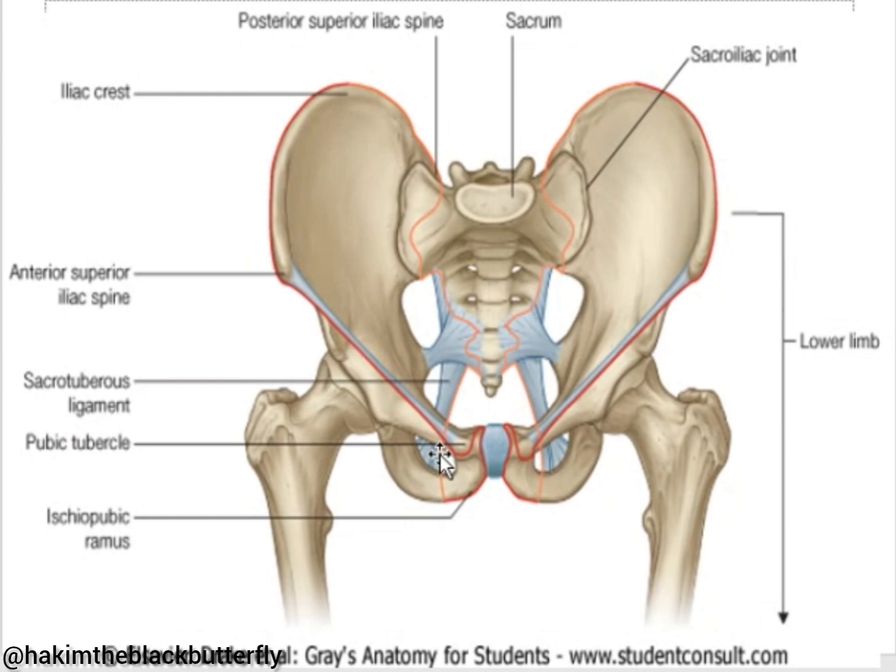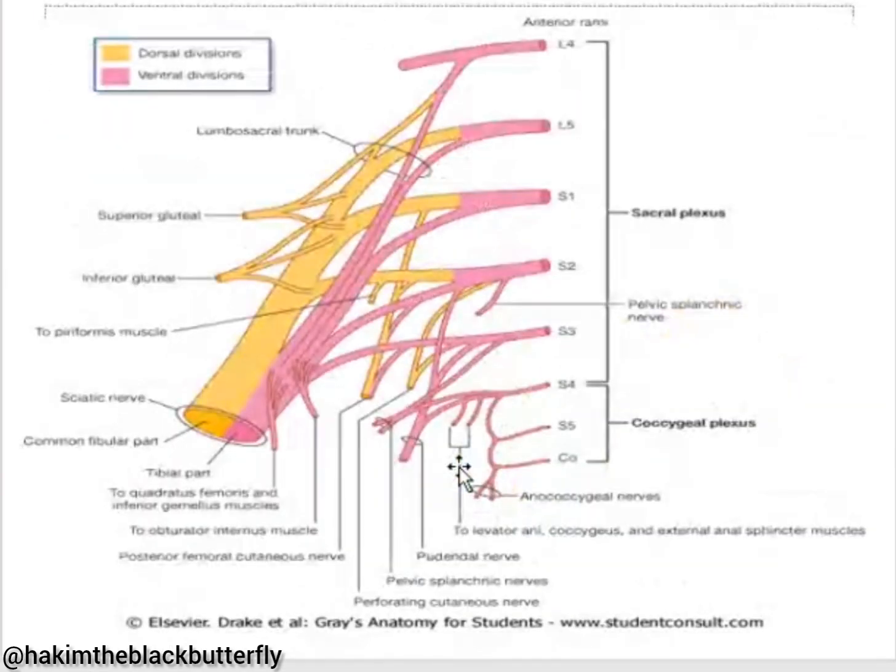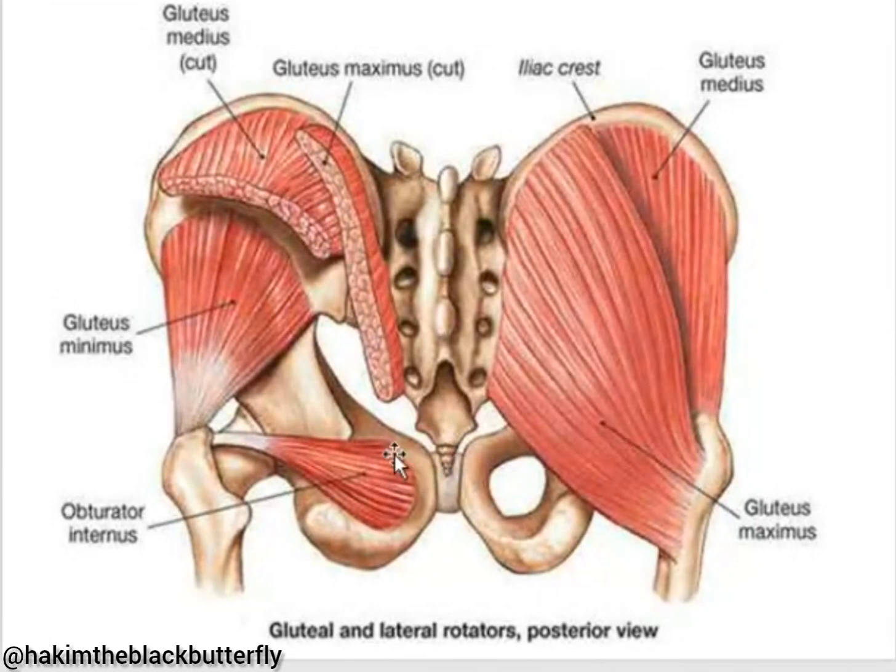There are two muscles attached to the obturator foramen, and I want you to pay attention. One is attached to the obturator foramen externally, known as the obturator externus, and the other one is attached to the obturator foramen internally, known as the obturator internus.